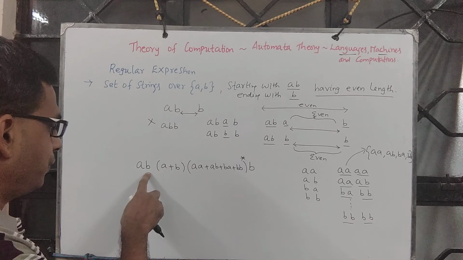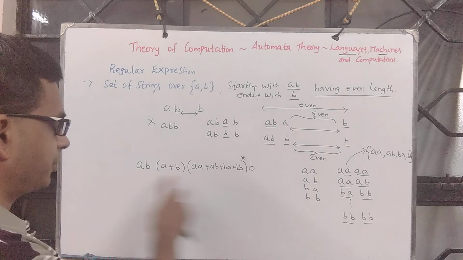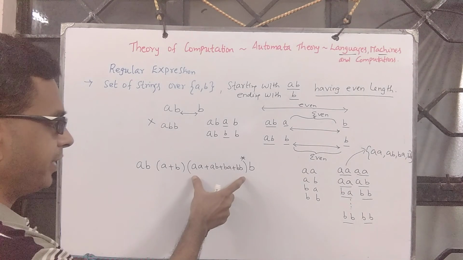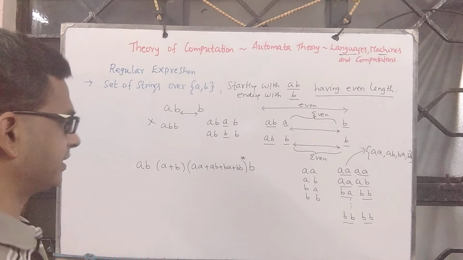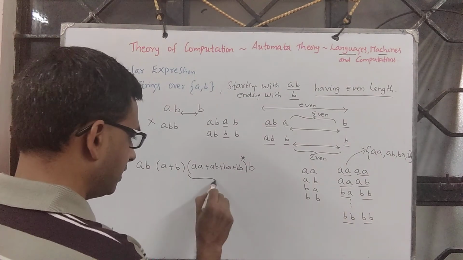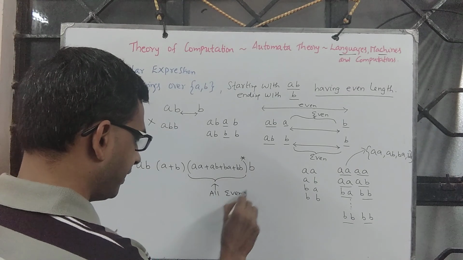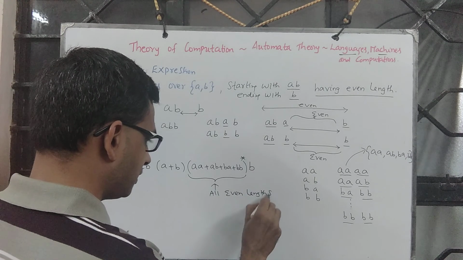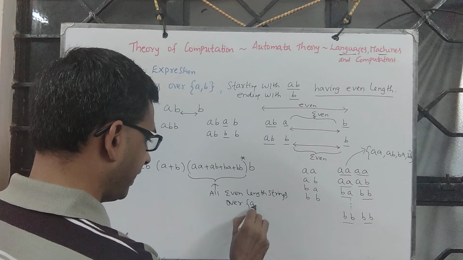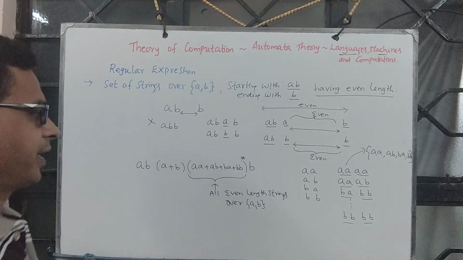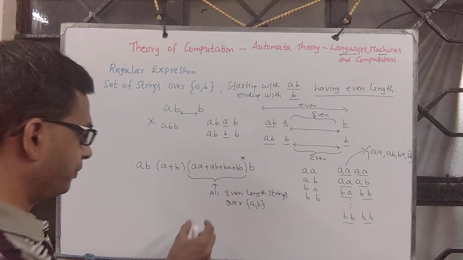So this gives you 2, this gives you 1, 3, this gives you 1, 4. So you get the base string. In between, you will have to generate even length strings. So this one generates all even length strings over A comma B. You take any even length string and you group them, you pair them.